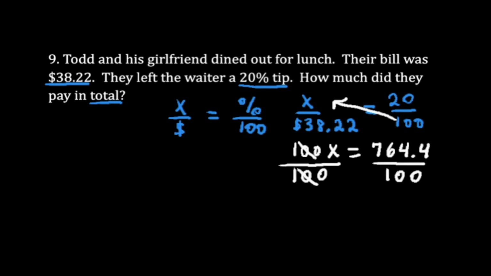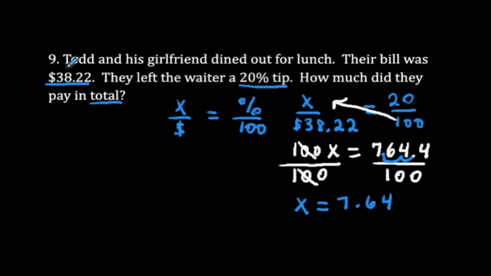And so that gives us 7.64. Okay, so x equals 7.64. So now this indicates their tip amount, okay? So they gave the waiter $7.64.